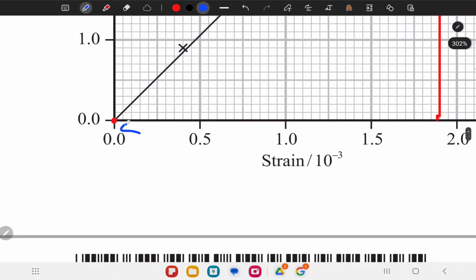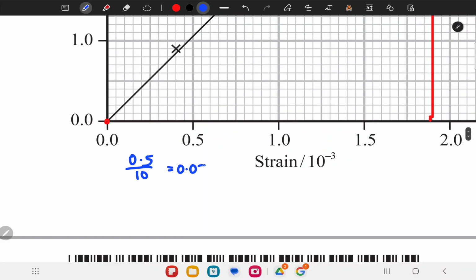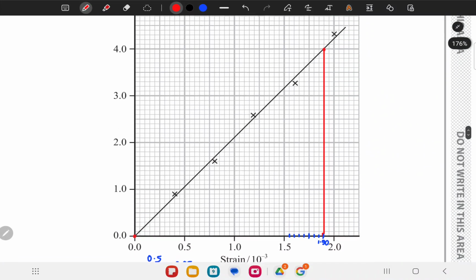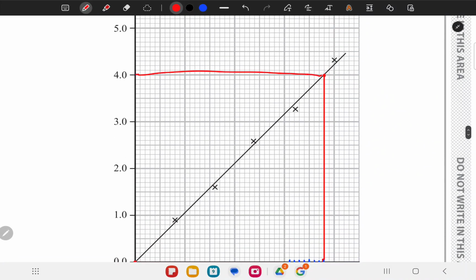Each 10 box is 0.5, so one box is 0.05. This is 1.55, 1.6, 1.65, 1.7, 1.75, 1.8, 1.85, 1.90. And for the y value, we have 4.